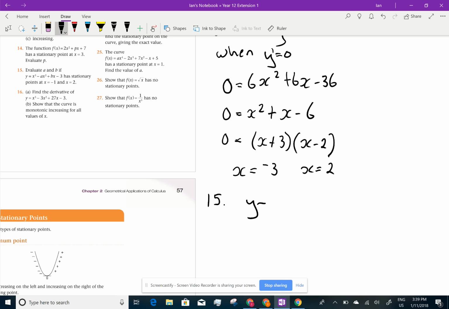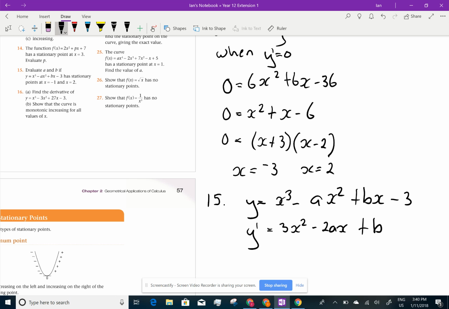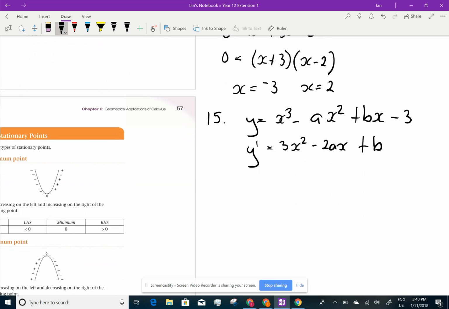So y equals x cubed minus 3ax squared plus bx minus 3. Okay, so we'll differentiate it. y dash equals 3x squared minus 2ax plus b. Now it says it has a stationary point at x equals -1, x equals 2.